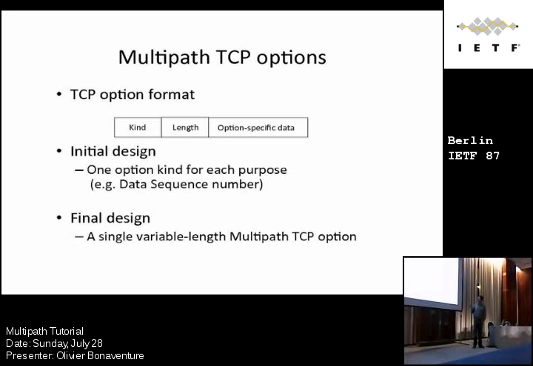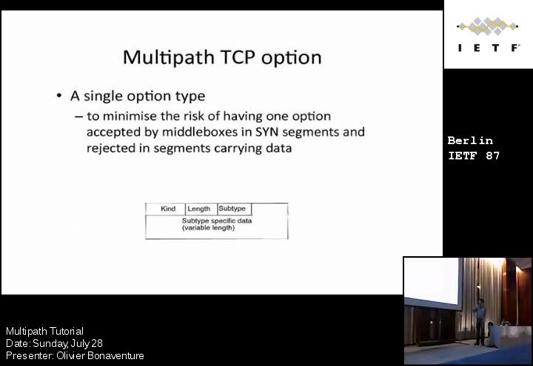In the end, we chose to have a single variable length option. The reason why we chose a single variable length option for Multipath TCP is that we did not want to be in a situation where option type 1 is accepted in the SYN, but option type 2 is not accepted in the data segment, because this would have made the protocol even more complex than what it is. So there is a single option in Multipath TCP.